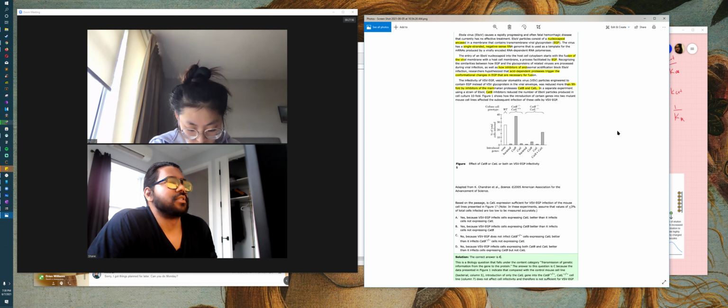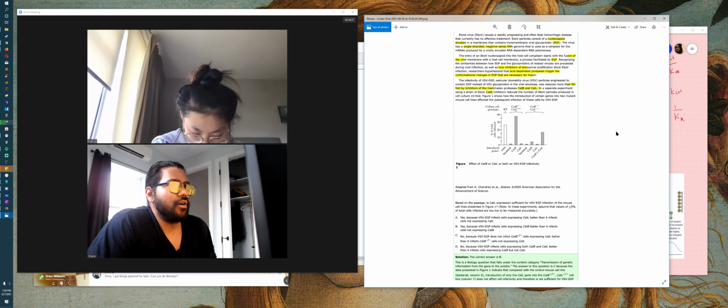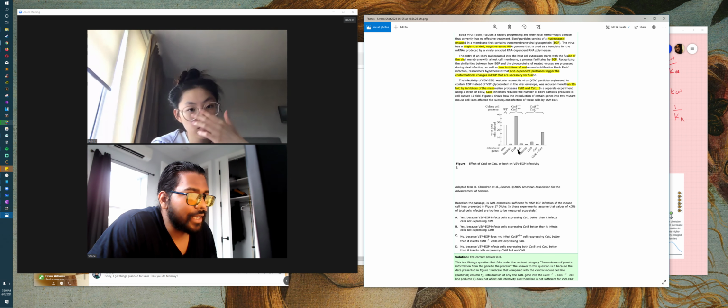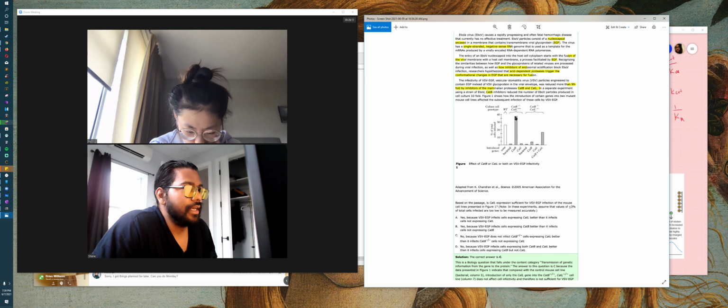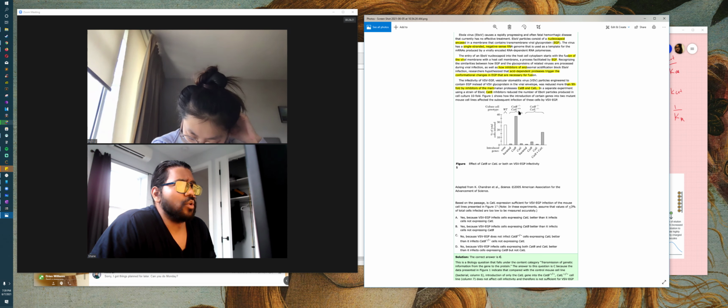That means almost none of the cells are infected. Now, cat B and cat L is a mutant that doesn't have cat B but has cat L. So let's see what those do.